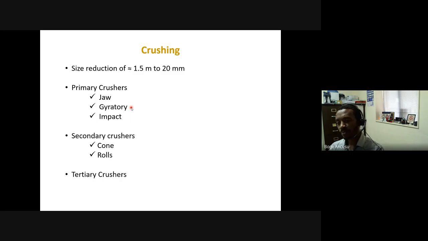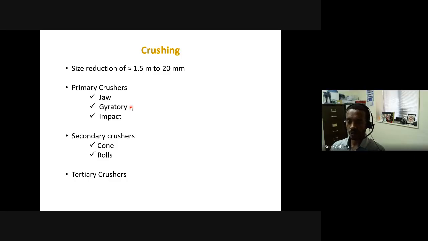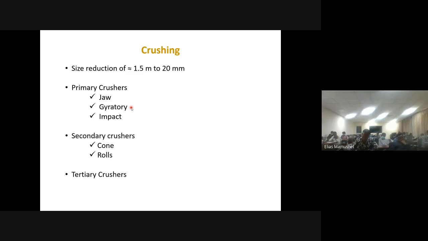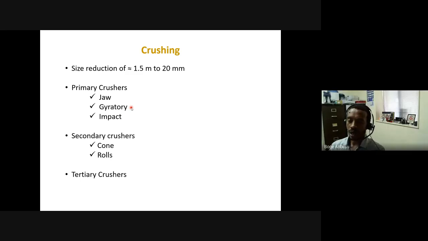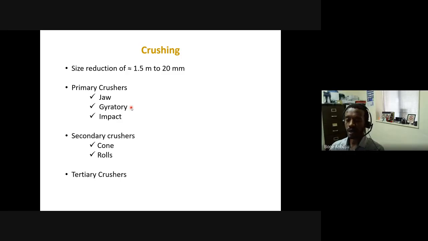Or maybe something happened, maybe you modified your grinding mill, maybe you bought a new grinding mill that can handle coarser particles. In that case, I may come back and say, let's modify the crusher so that we can now allow 200 millimeter particles as a discharge. We can set the same equipment so that we can produce different product, and that can be done in many of those primary crushers.